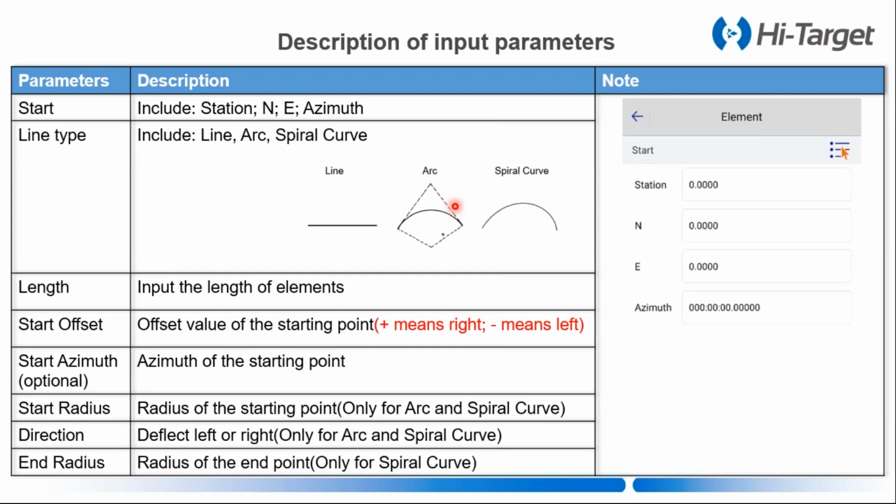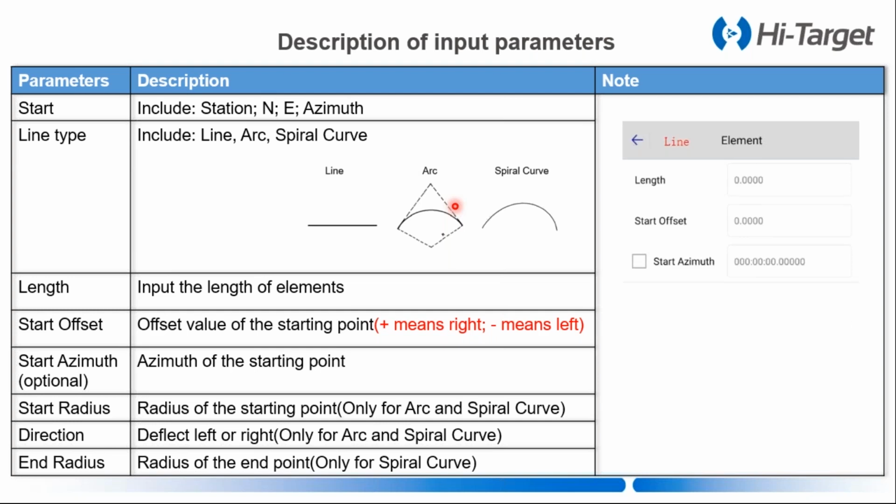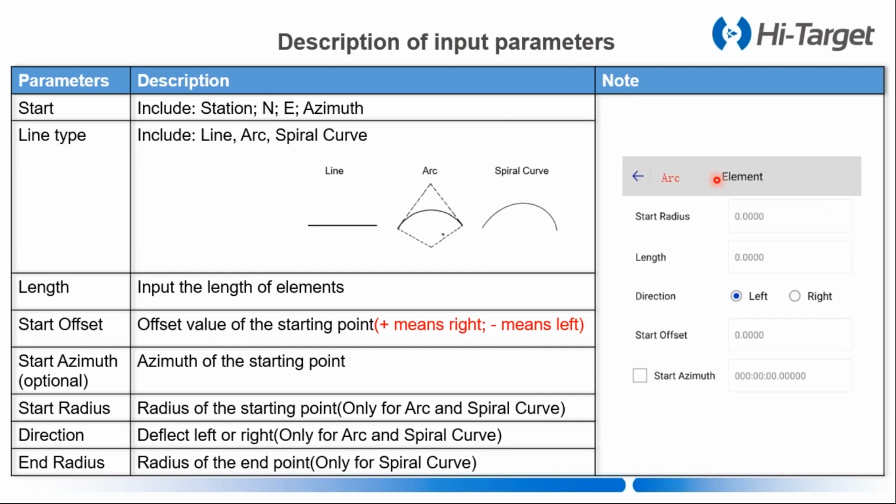And then we need to choose the type of the curve. We support 3 types of curves: the straight line, the arc, and the spiral curve. For the straight line, we just input the length. For the arc, we input the radius, length, and also the direction.